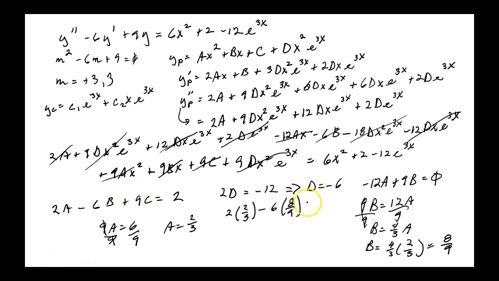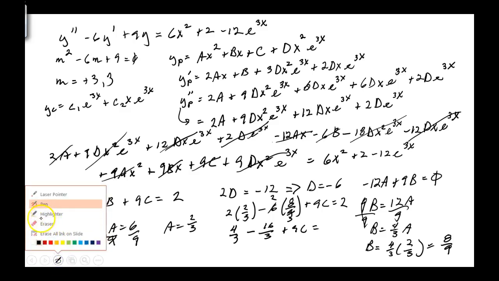Right, plus 9c is equal to 2. Agreed? Because we sure don't know what c is. So this will be 4/3 minus, and 3 will go into that twice, so 3 times, minus 16/3 plus 9c is equal to, let me make that 27c, would that be 27/3 c?